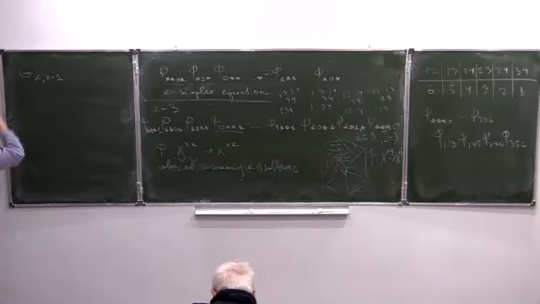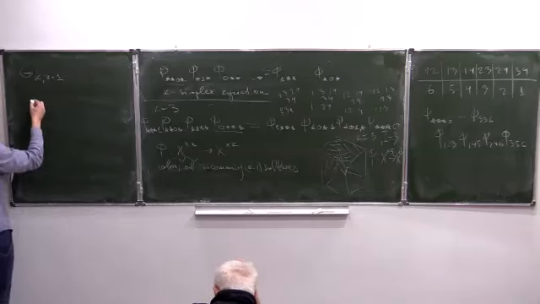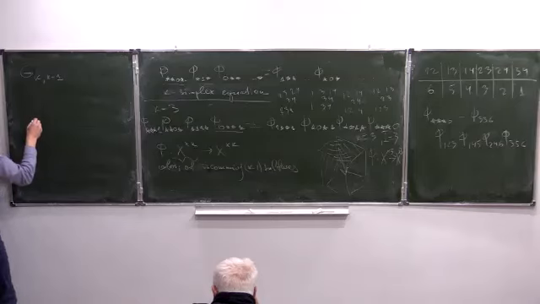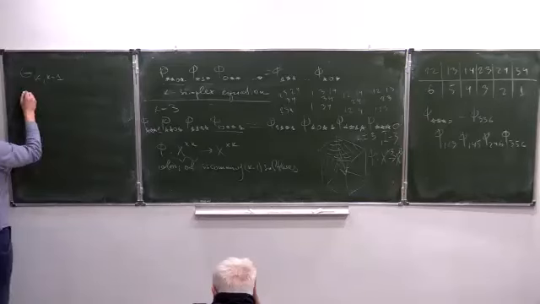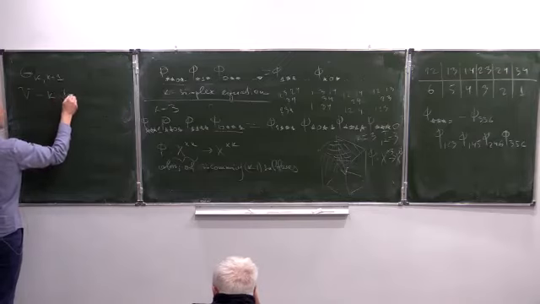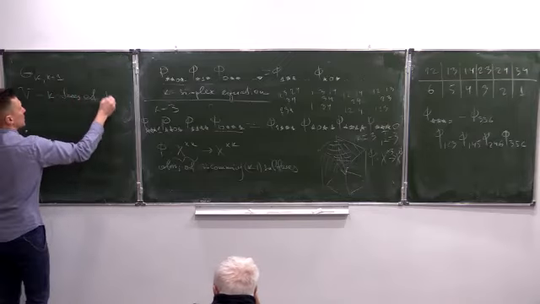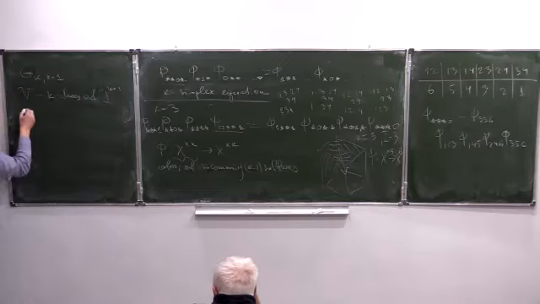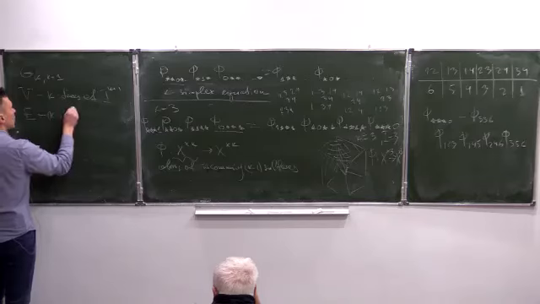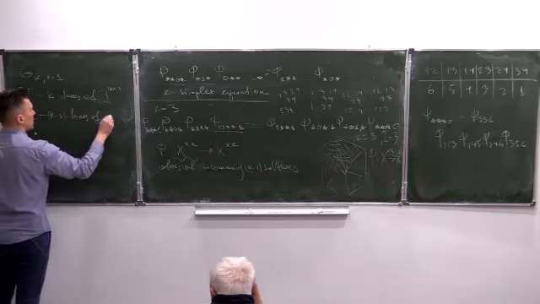I'd like to consider such a graph. The vertices are k faces of the k plus 1 cube. Edges are k minus 1 faces of the cube.